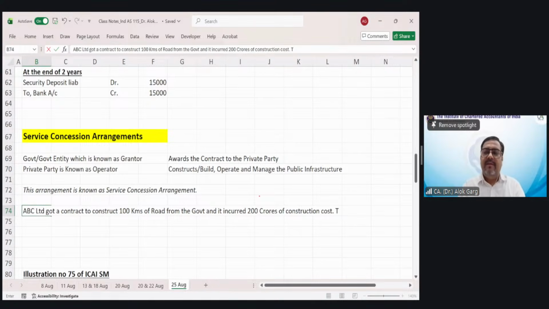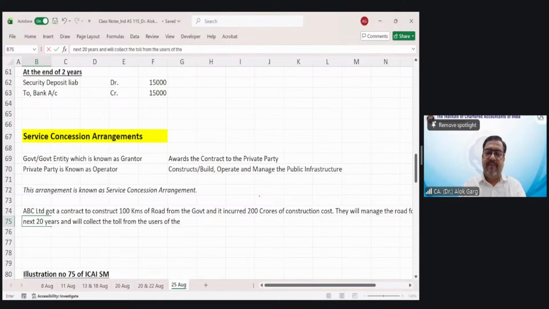They will manage the road for the next 20 years and will collect the toll from the users of the public service, that is, the travelers.